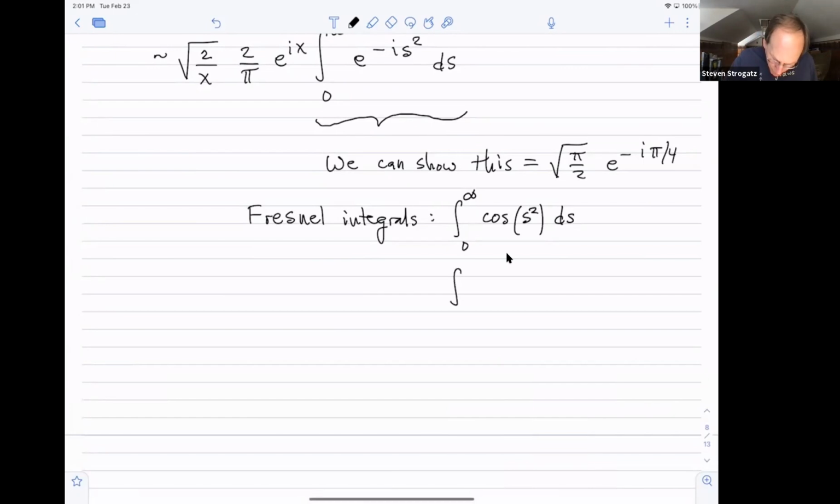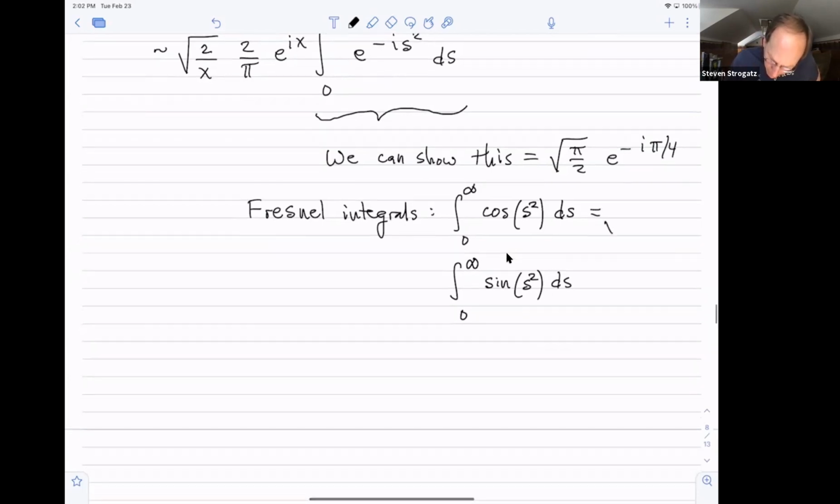I also get one for the integral from 0 to infinity of sine of s squared. I haven't written them down, but I should be able to see what they are. Let's see.